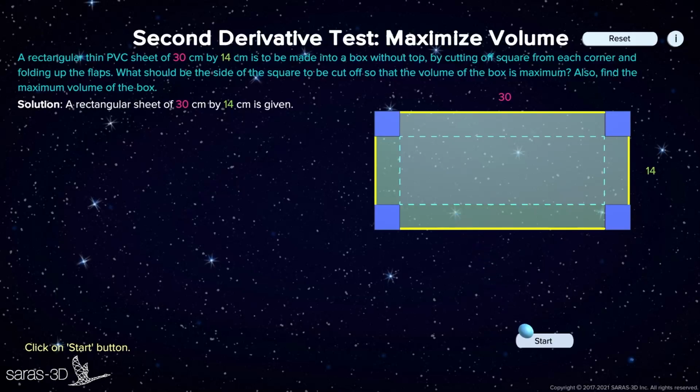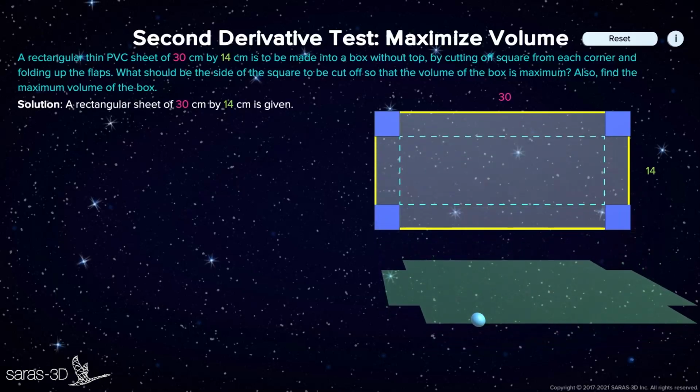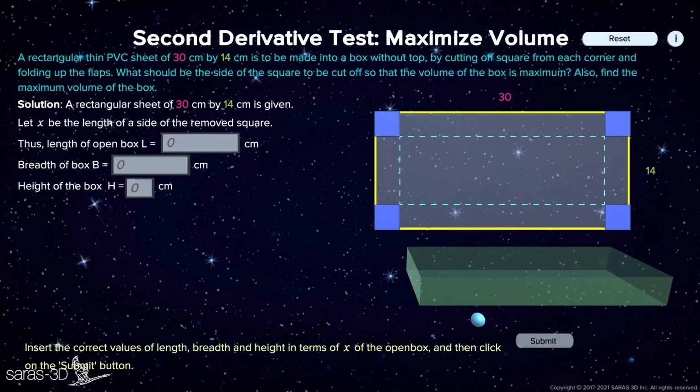So first of all, let us suppose that we are cutting off the squares and then folding up the flaps to form a cuboid without the top. So here let x be the length of the side of the removed square. Then the length of the open box L will be what? Now remember, this is the length, that is 30.